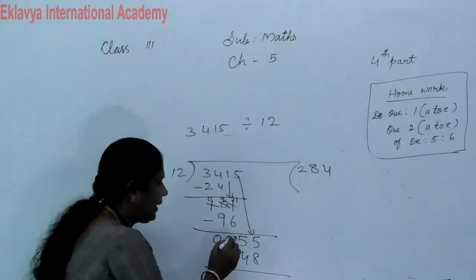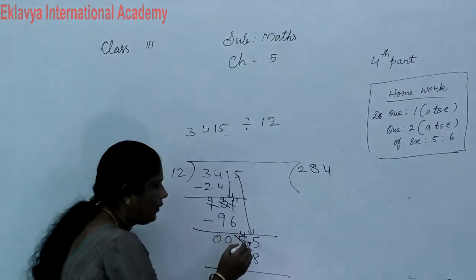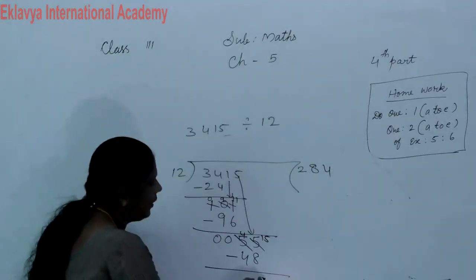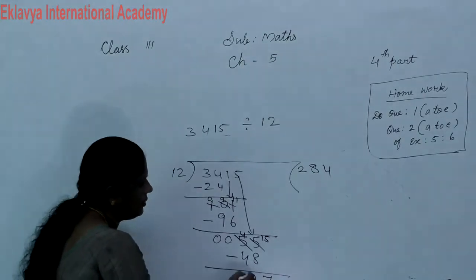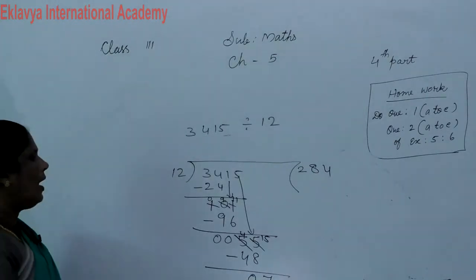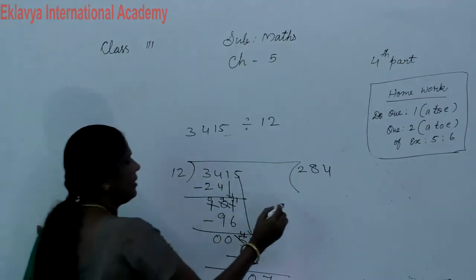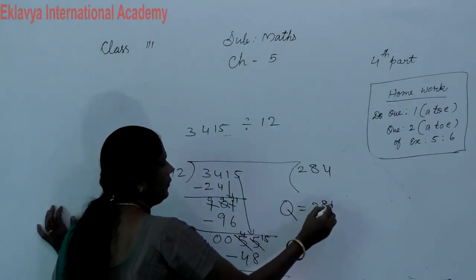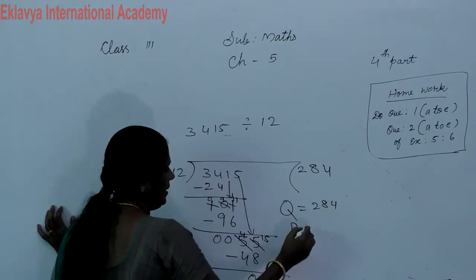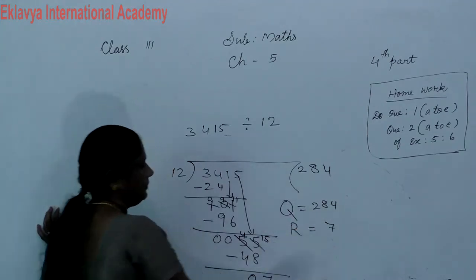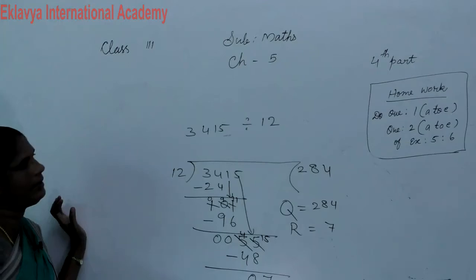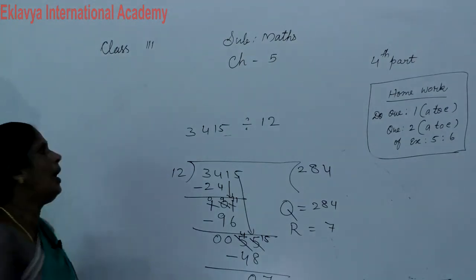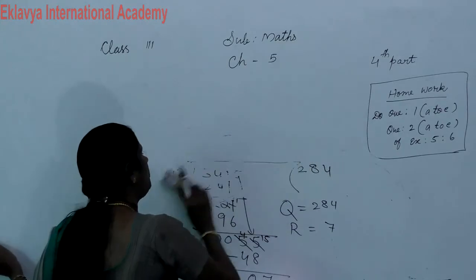No. You take borrow, this cut 4, this becomes 15. Now we get 7. Our quotient is 284, remainder is 7. Understand? 2-digit number. Now, how to solve the word problems?